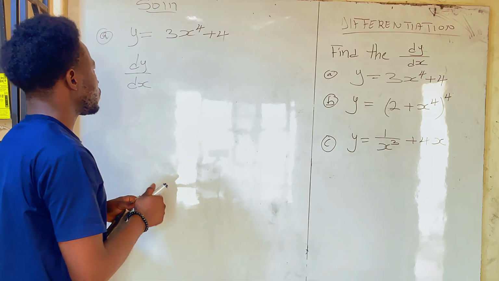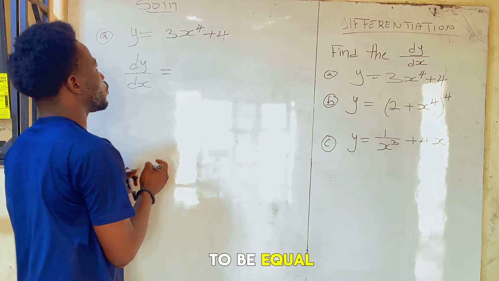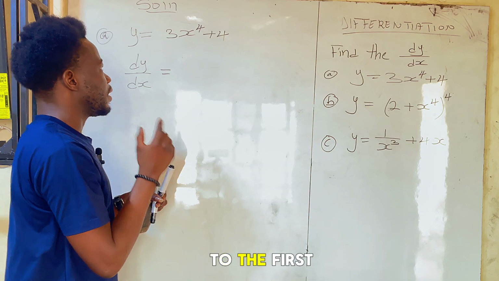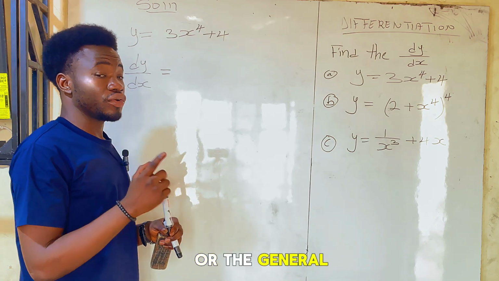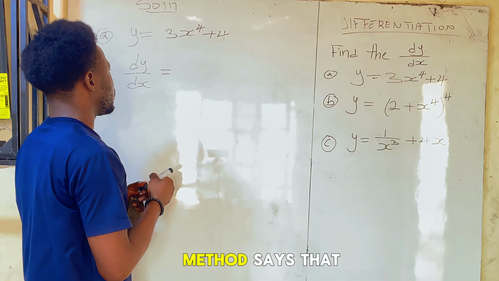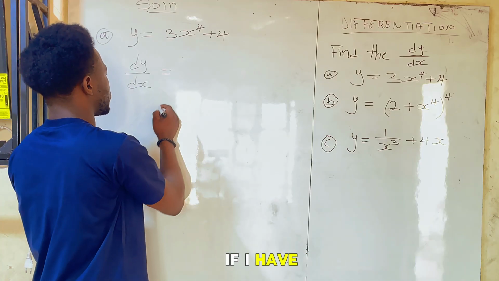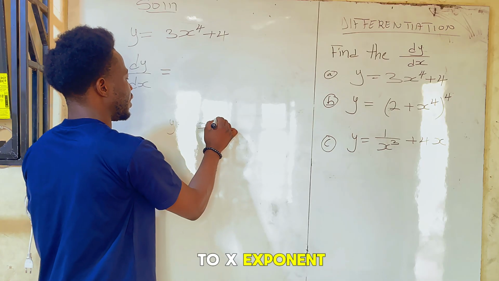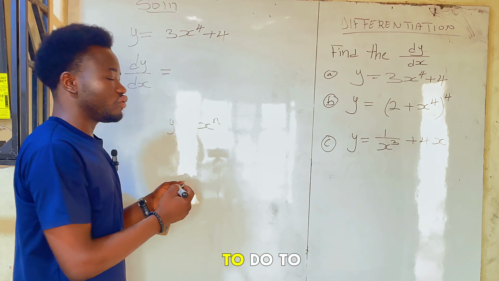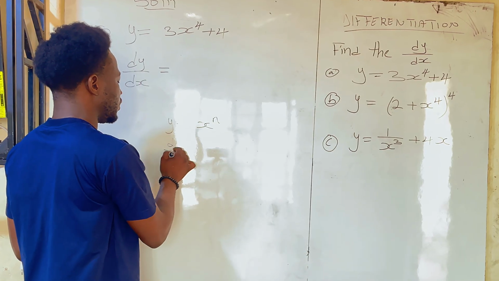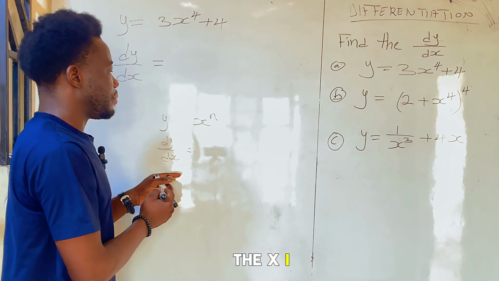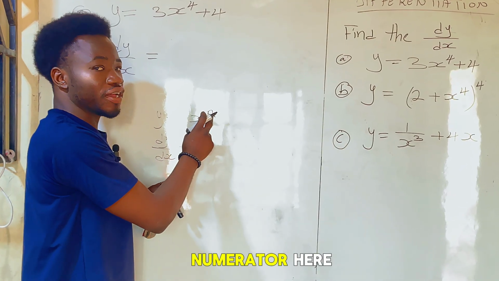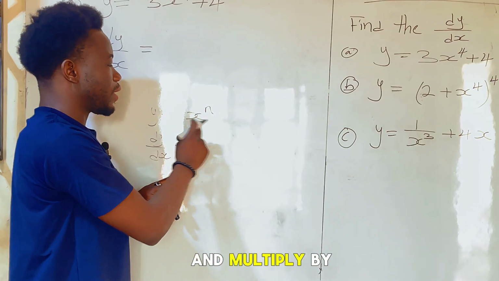So the general method says that if I have y equal to x exponent n, to find dy/dx, I must pick the power and multiply by the whole function.